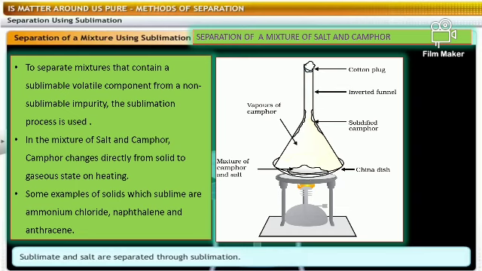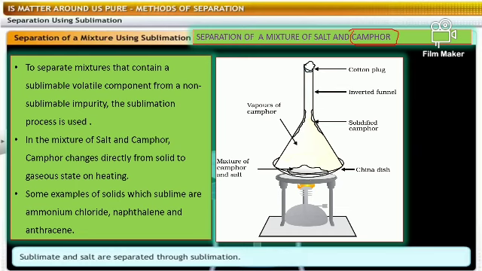So here you can see ammonium chloride is a sublimable substance. If we take camphor in place of ammonium chloride, both are sublimable substances.